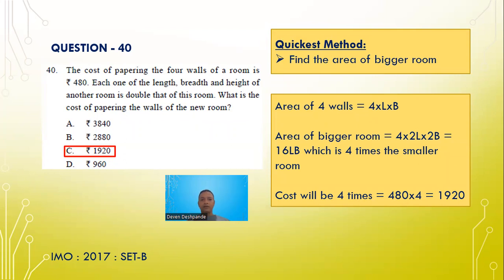So 4 into 2 is 8, 8 into 2 is 16. So it will be 16 LB, which is the area of the bigger room.